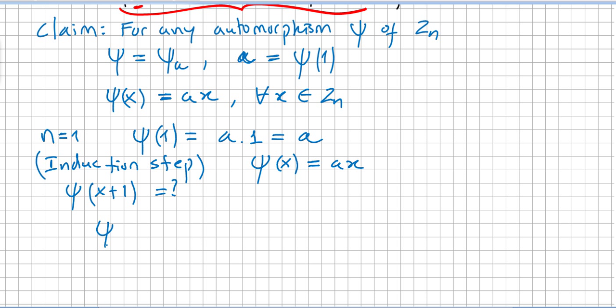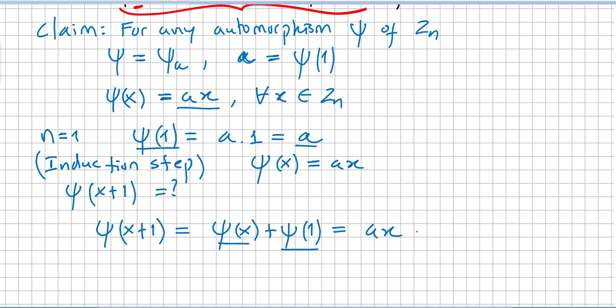But what is psi of x plus 1? Psi of x plus 1 will be psi of x plus psi of 1. What is psi of x? Psi of x is ax. What is psi of 1? Psi of 1 will be a. So plus a. So I factor a and I get a times (x plus 1). So here we are. It's in the form ax. So it is proved.